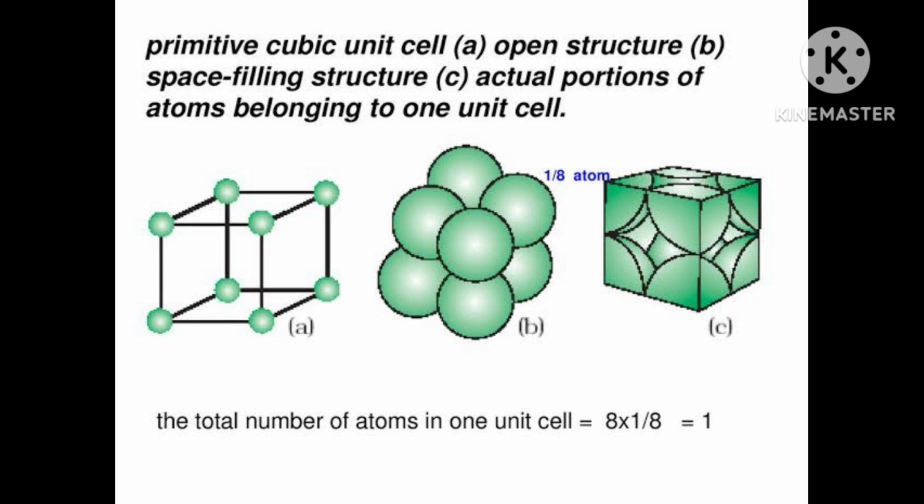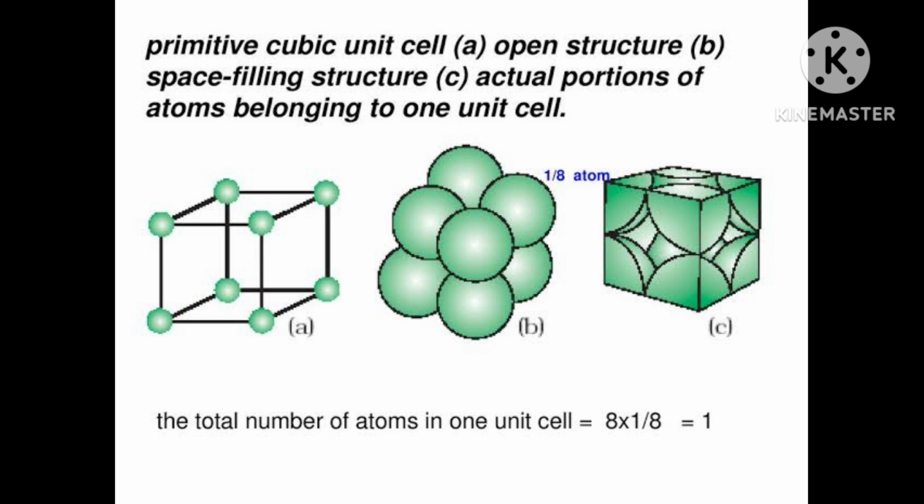And the third type is called the actual portion of atoms belonging to one unit cell, because you are talking about the common portion.